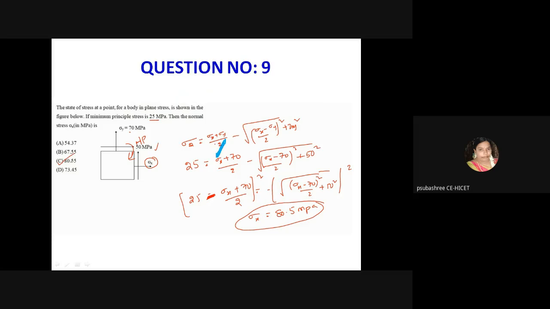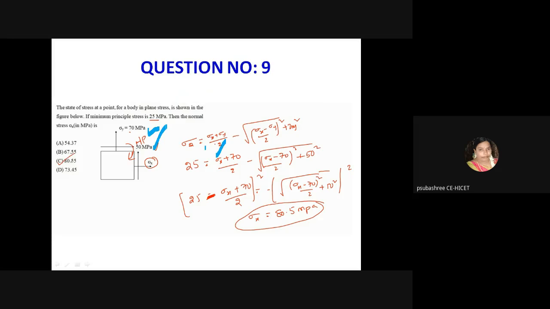So sigma x is the unknown normal stress. Referring to the drawing, sigma y is 70. So 25 equals 70 divided by 2 minus the root of ((sigma x minus 70) by 2) the whole square plus tau squared, where the shear stress is 50 megapascal.